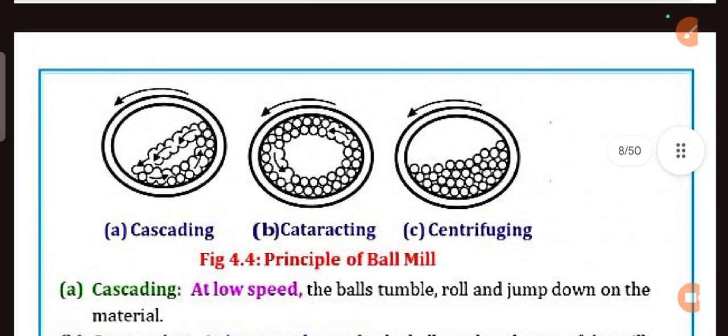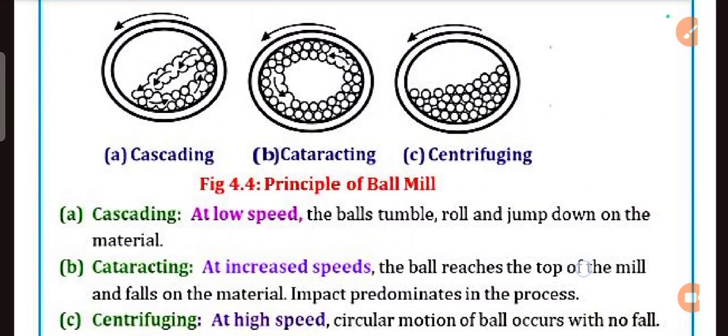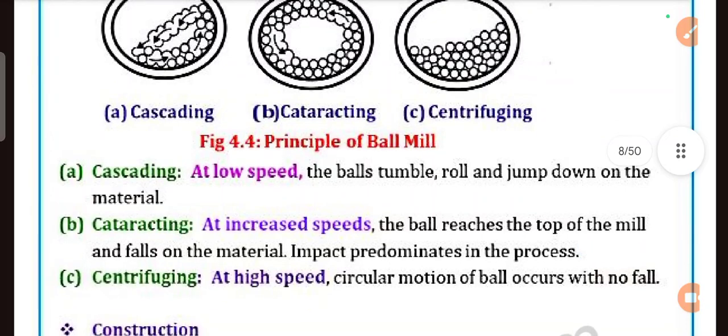Cascading, cataracting, centrifuging. Principle of ball mill. Cascading: at low speed, the balls tumble, roll and jump down on the material.